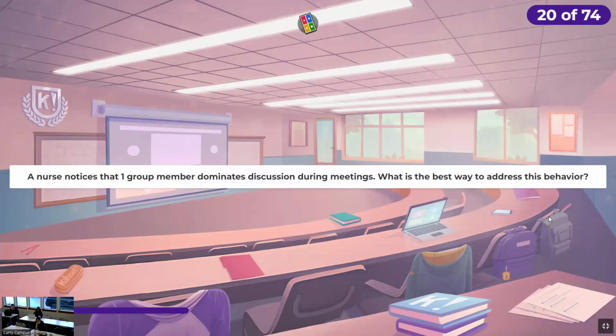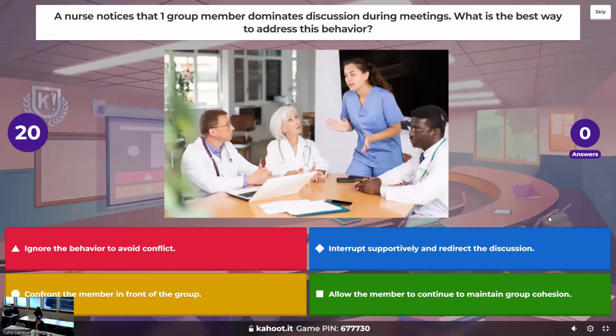A nurse notices that one group member dominates the discussion in the meetings. What is the best way to address this behavior? One option is confront the member in front of the group.